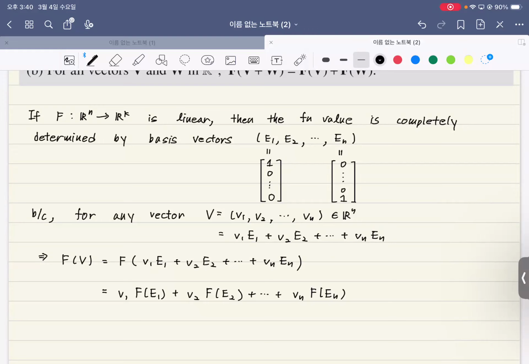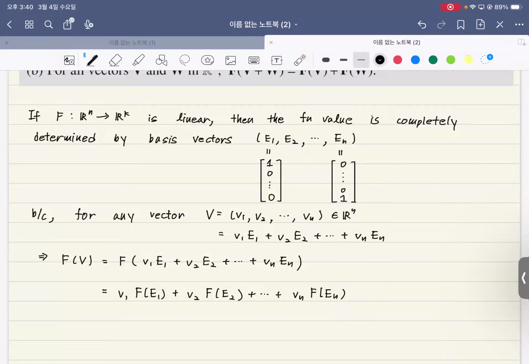All right. Let me take a close look at this last expression. v1 to vn are definitely real numbers. What about f of e1 to f of en? These are not numbers. These are actually k-dimensional vectors, because the codomain of this function is Rk.